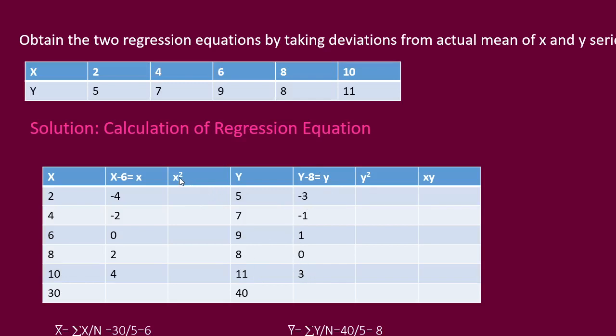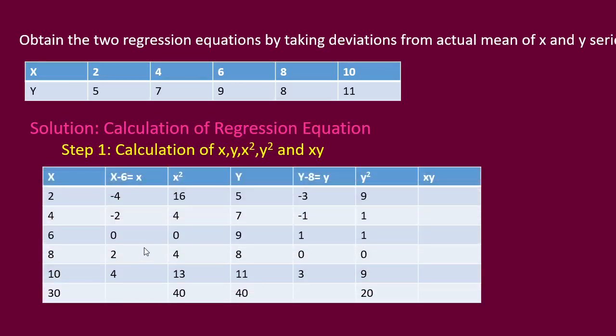After this we need to fill the x square and y square columns. It's just the square values of these. Here 4 square is 16, 2 square is 4, 0 square, 2 square, 4 square.